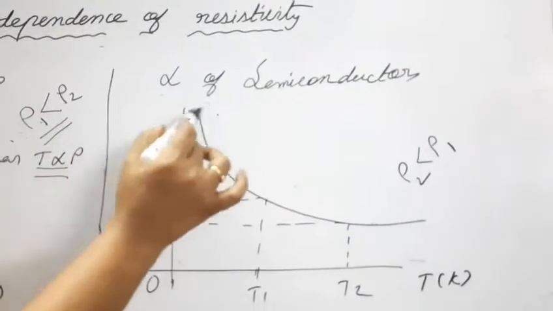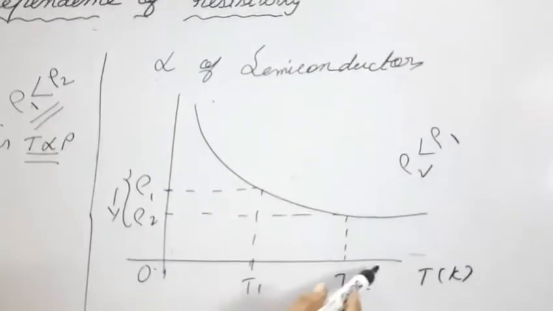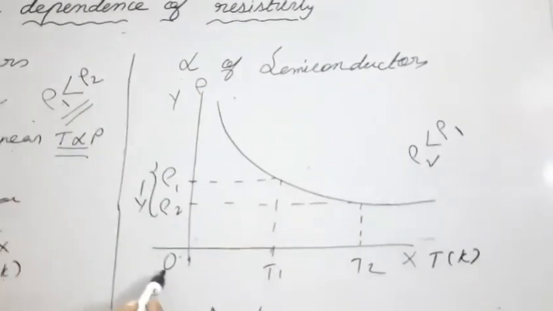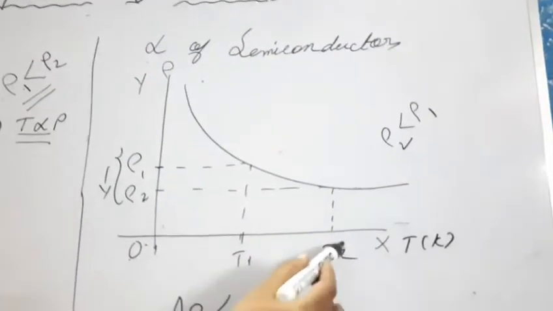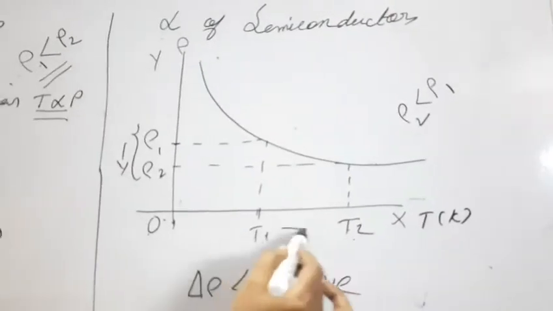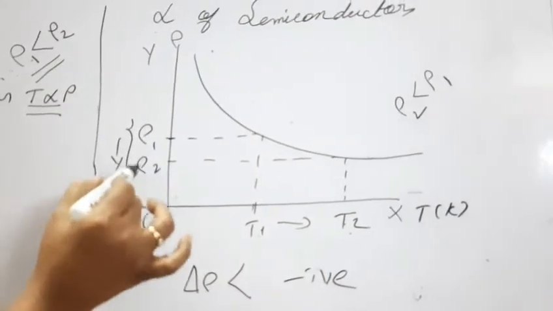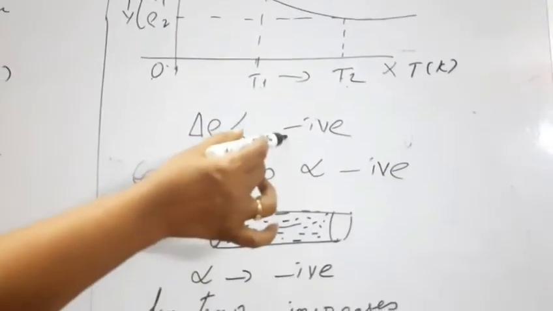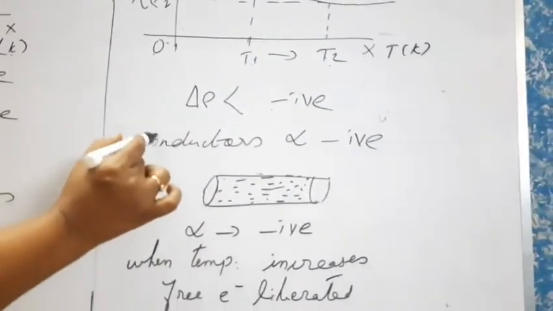And next we will discuss the alpha of semiconductors. In semiconductors, we take the T value on the x-axis and the rho value on the y-axis, and 0 is the origin. When we consider two temperature values and increase the temperature, the resistivity decreases as shown in the diagram. Therefore, del rho is less than zero, which means alpha is a negative value.